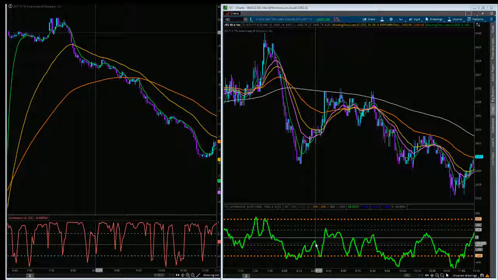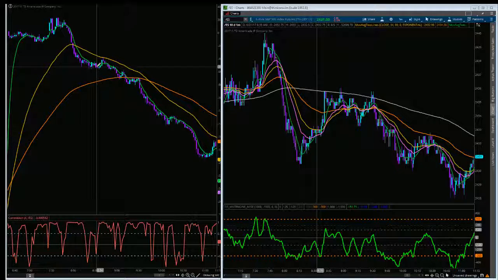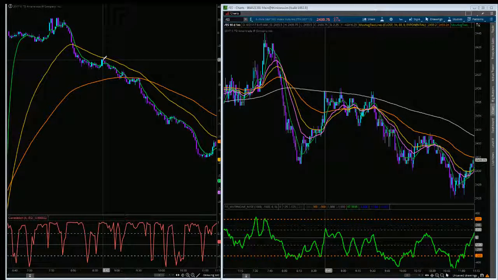Personally, I wouldn't trade that coming back up. The reason why is because this continues to push down and stays below the 8 moving average right here. When it does that, it tells me that the overall effect of the market engine is still to the bearish side. For a brief moment, it pops up here and touches this 34 EMA. At the same time over here, it comes up and hits the 200.